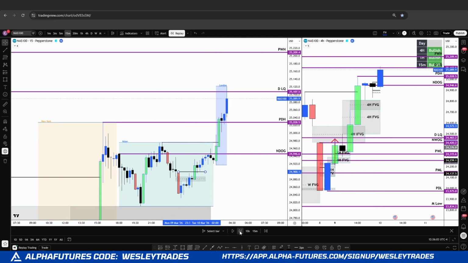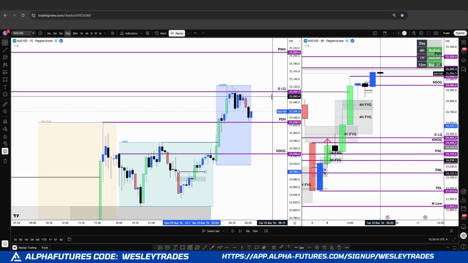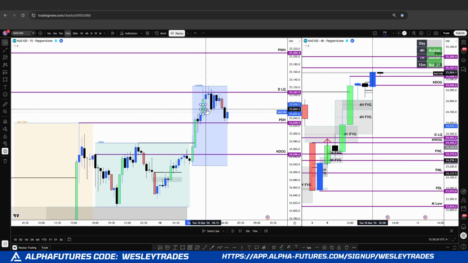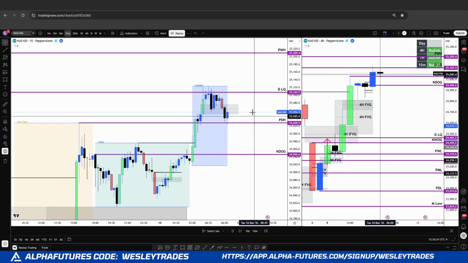So if the 15-minute time frame should turn bearish, like right now, you could take a sell as a retracement.